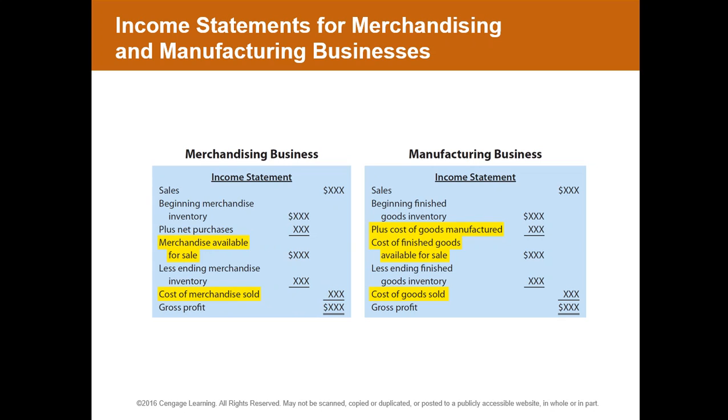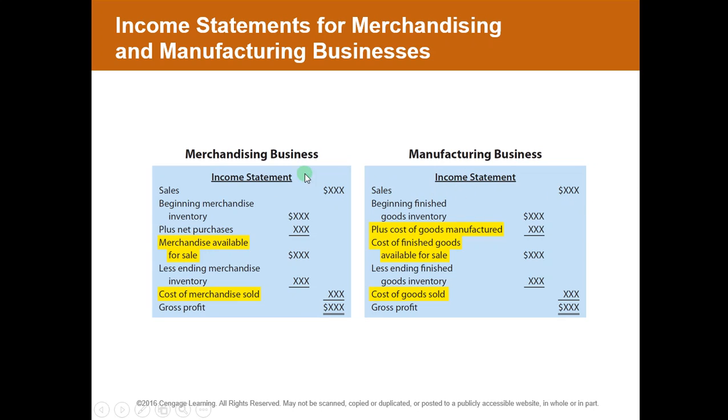So you're going to go through this calculation, beginning, add in new costs, figure out what you have left, and you're going to find the cost of that particular piece of inventory. You're going to do that 3 times. You're going to do it for your raw materials inventory. You're going to do it again for your work in process inventory. And then lastly, for your finished goods inventory.